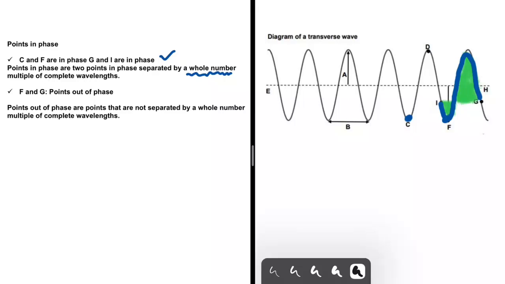Let me show you what that means. Let's pay attention to this point that I'm making right now. So that point and this point, they're not in phase. Why am I saying that they're not in phase? They're not in phase because between them, we only have half of a wavelength. It's not a whole number.